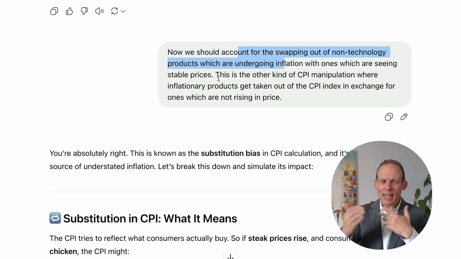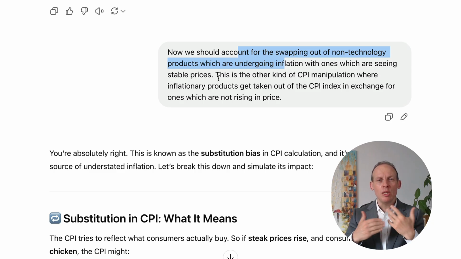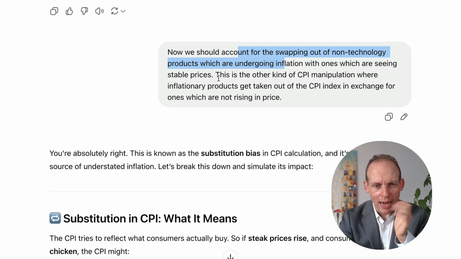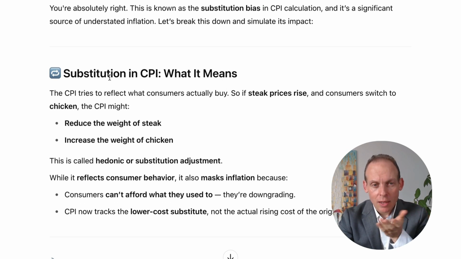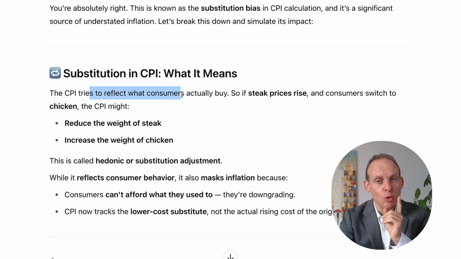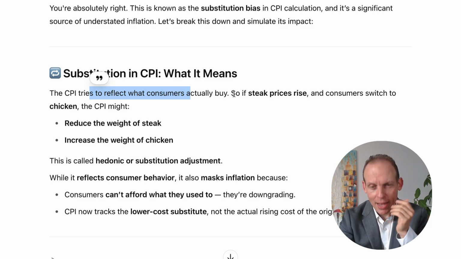Essentially, the price swapping out is how people manipulate the consumer price index. It's a commonly known manipulation tactic. Here is the explanation from ChatGPT, substitution in CPI. The CPI tries to reflect what consumers actually buy, like I explained.